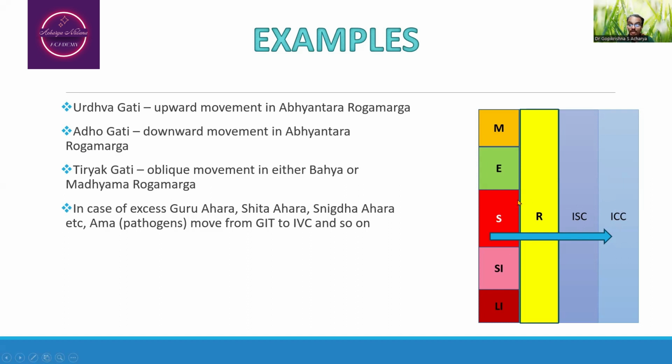Thus, the movement of the pathogens from the stomach, or small intestine, or large intestine into the intravascular compartment, then the interstitial compartment, then the intracellular compartment, is termed as Tiryak Gati.